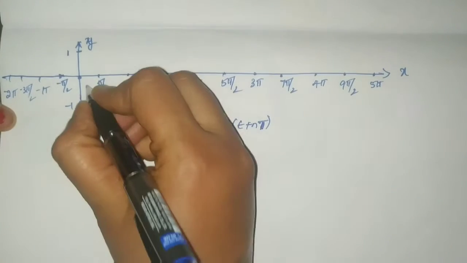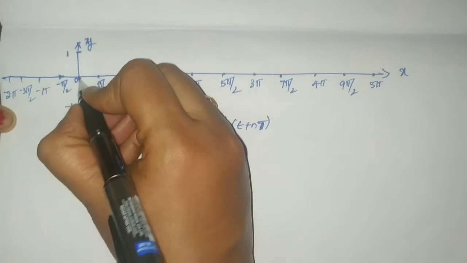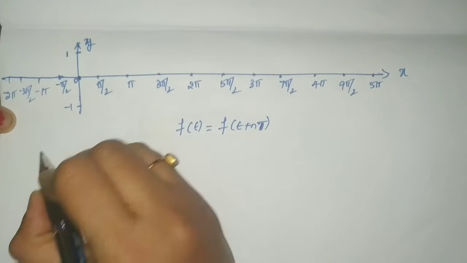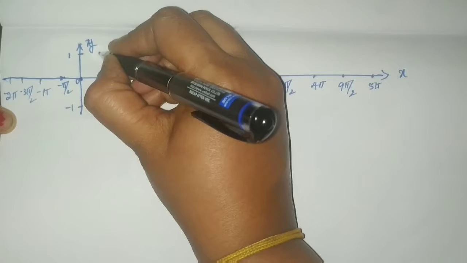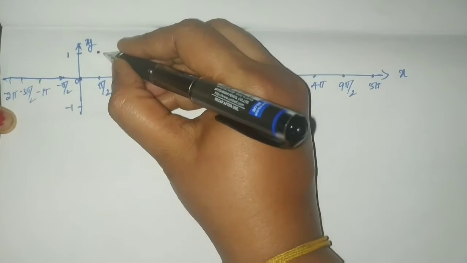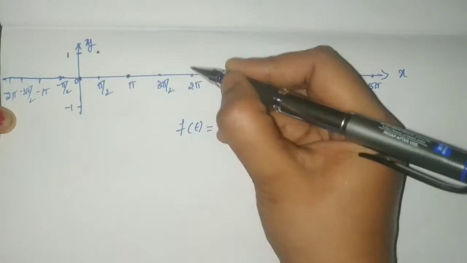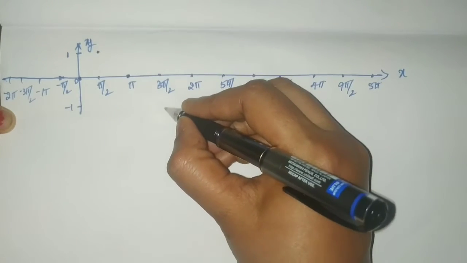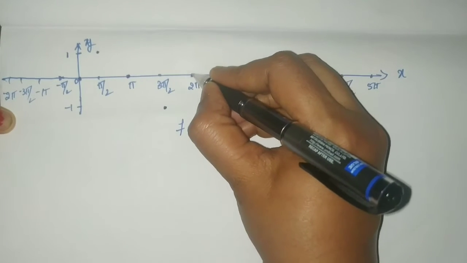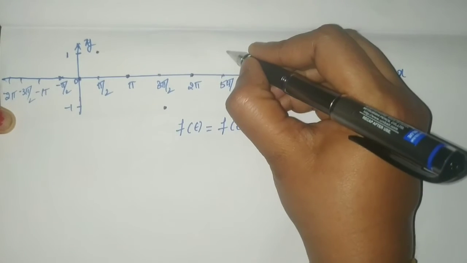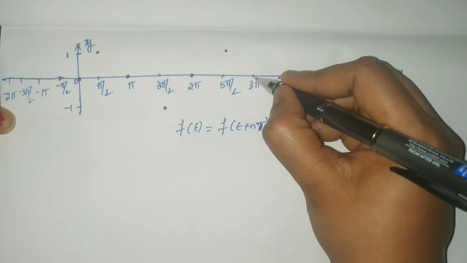We'll start with sine 0. It is 0, so it starts here. Sine pi by 2 is 1, so it reaches here. Sine pi is 0. Sine 3 pi by 2 gives negative 1. Sine 2 pi is 0. Sine 5 pi by 2 is positive 1.